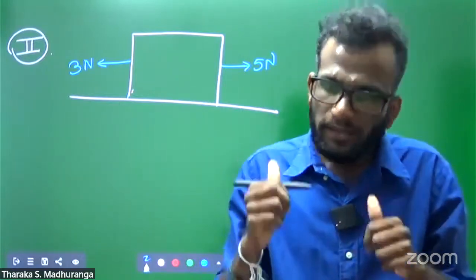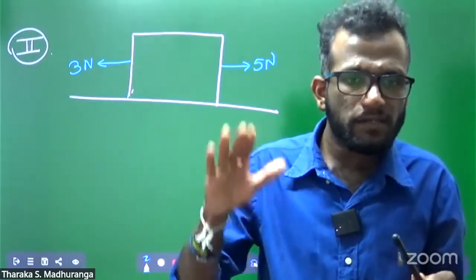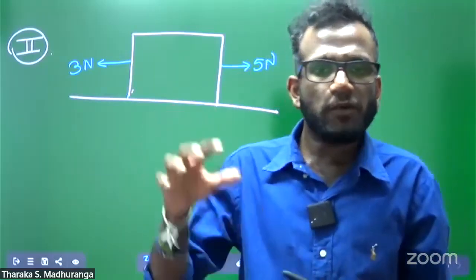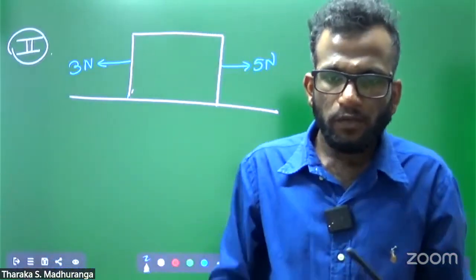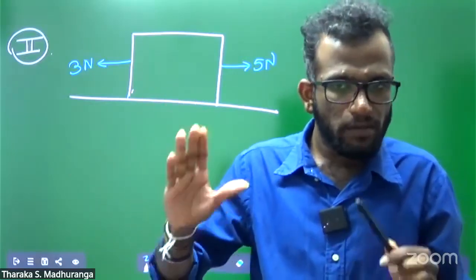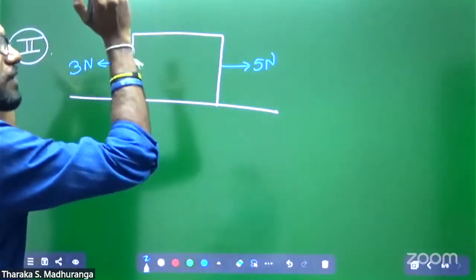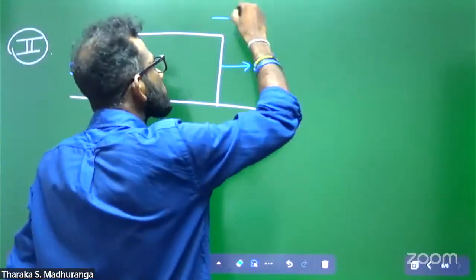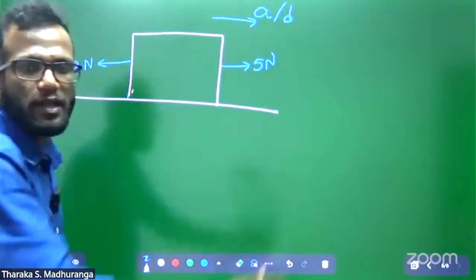Is it possible to be at rest, stationary? No. Is it possible to move with uniform velocity? No, it can't. Remember, if any object is unbalanced, it is accelerating or decelerating.